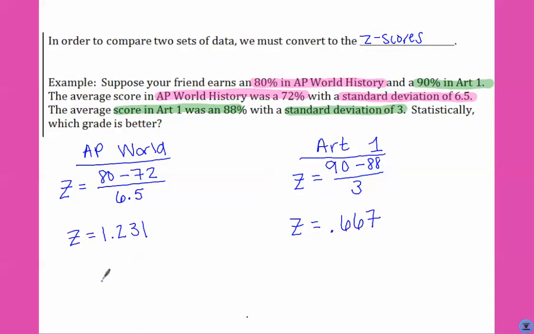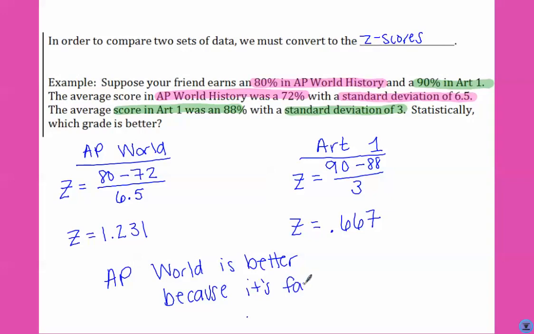So which score is better? AP World is better because it's farther above the mean.